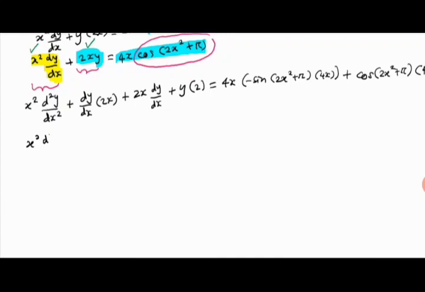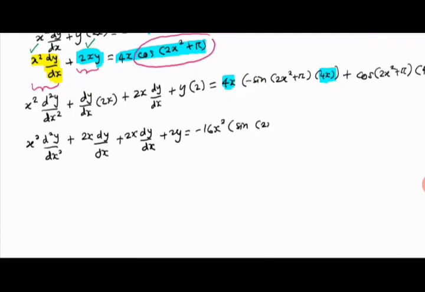So now we have x square d square y dx square plus 2x dy dx, plus 2x dy dx plus 2y equals to negative 16x. Okay, because we multiply 4x here and 4x here, so negative 16x square, we got it. And then we have sine 2x square plus pi.